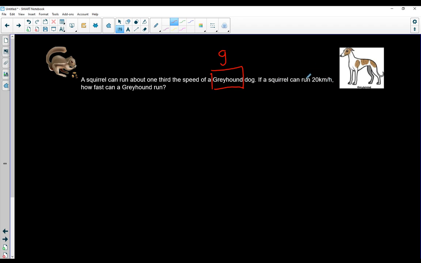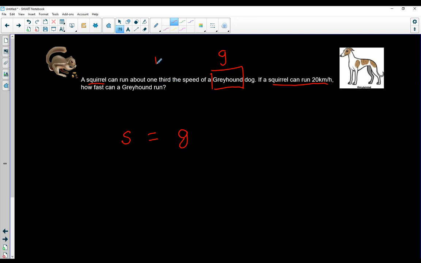We know that the squirrel runs 20 kilometers an hour. So we'll say that the squirrel is going to be equal to a greyhound and 1/3.